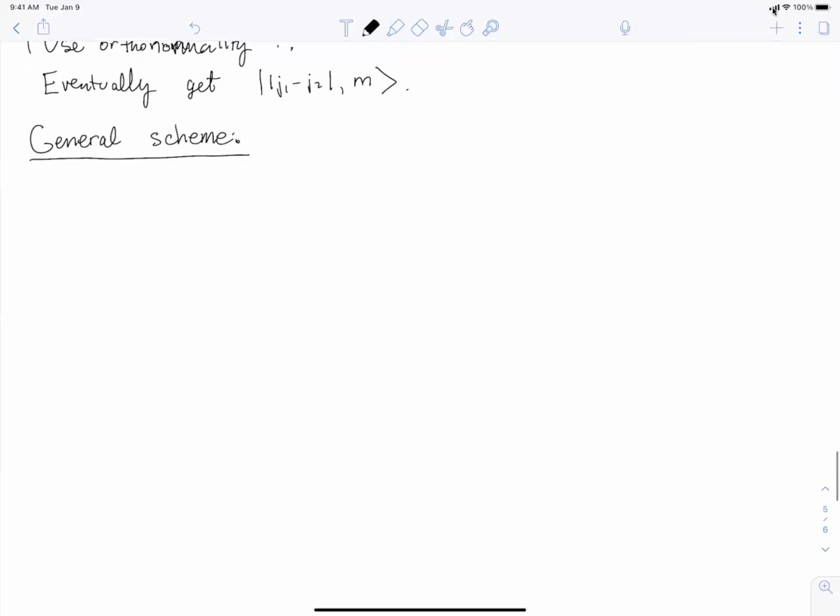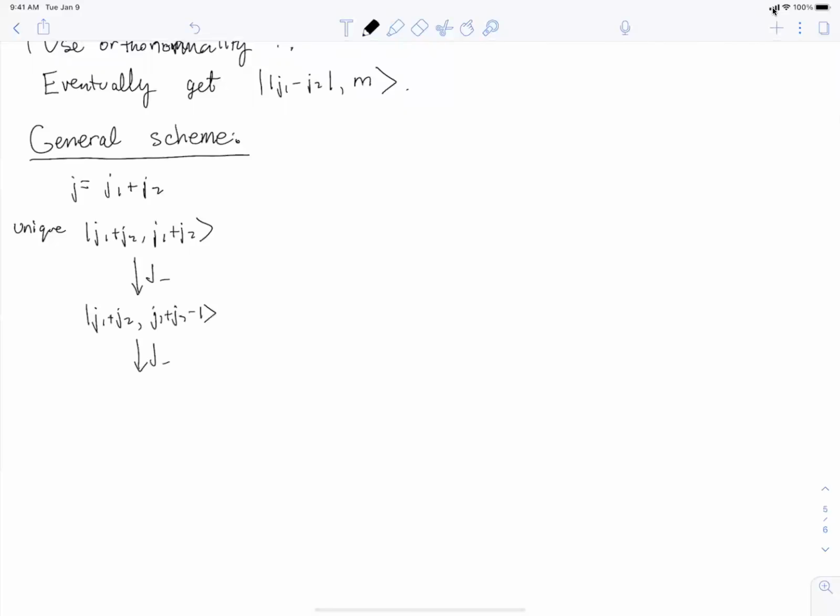Okay, you start, let me make a column here for J equals J1 plus J2. And you start with the unique state, which is J1 plus J2, J1 plus J2. You act with J minus. That just lowers the M value. You act with J minus again.